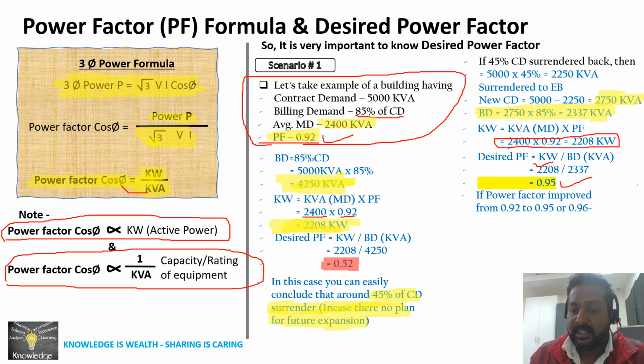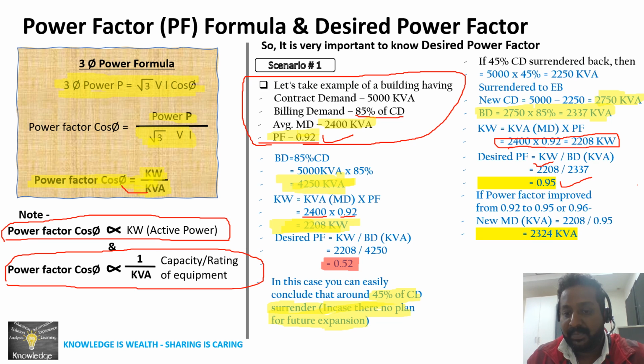So let's say it is improved to 0.95 or 0.96. Then our new maximum demand will be, because the kilowatt of our 2.2 megawatt plant is the same, it is the active load available in the building.